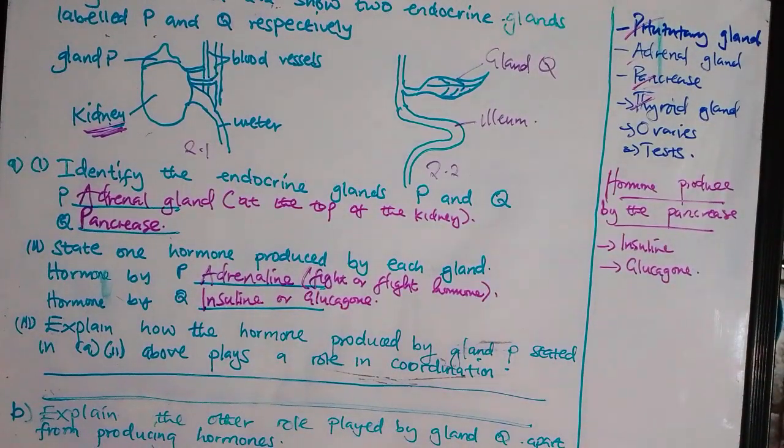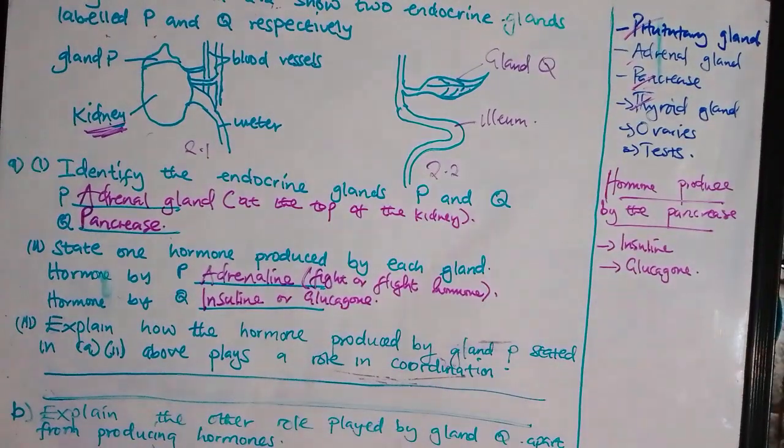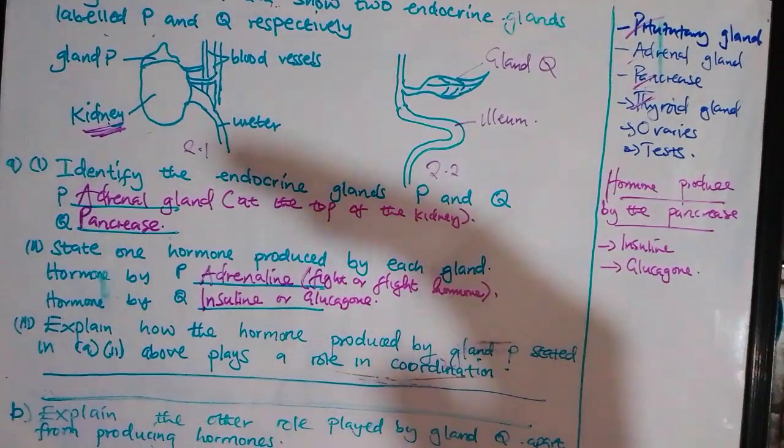We have the liver, which is responsible for converting glycogen to glucose. We have the heart, where it increases the heart rate. We have the lungs, where it increases the breathing rate. Then we also have the eyes, where it dilates the pupil so that you are alert to danger.